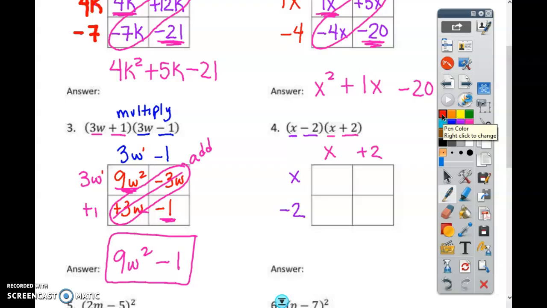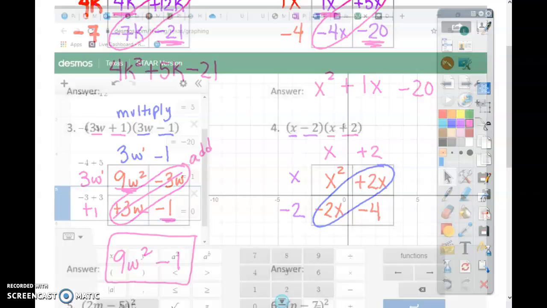Start multiplying things. X times x is x squared. X times 2 is positive 2x. X times negative 2 is negative 2x. And negative 2 times 2 is a negative 4. So what happened here?